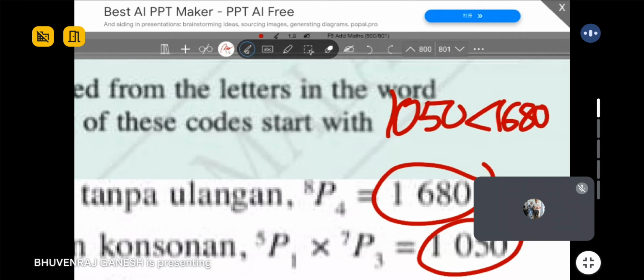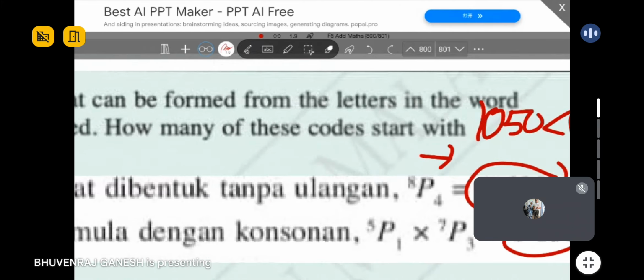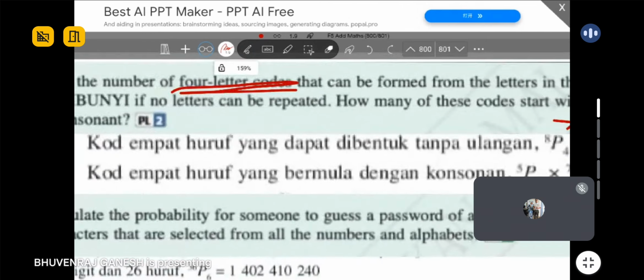It is smaller. Okay guys, can I ask you one reason? Why is the second answer less than the first answer? Give me one reason. Important question. So anyone? Can you give the reason if you look at the question?